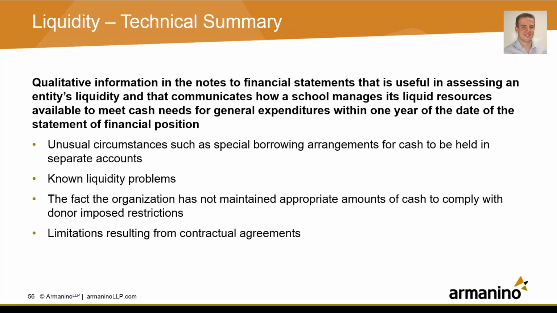If the organization does have known liquidity problems, you would have discussion of that. And if there are any other limitations from other contractual agreements, or if the organization has used some donor restricted assets to fund current year operations because you are in a liquidity challenged position, that type of information would be qualitative info that you would need to present.